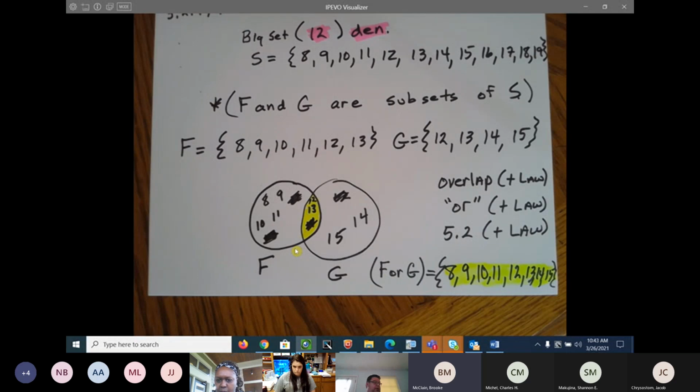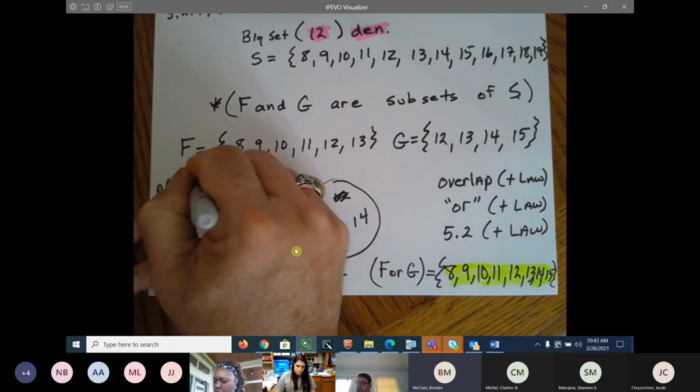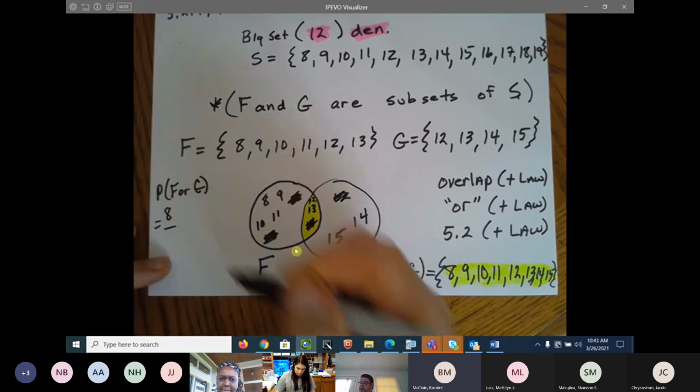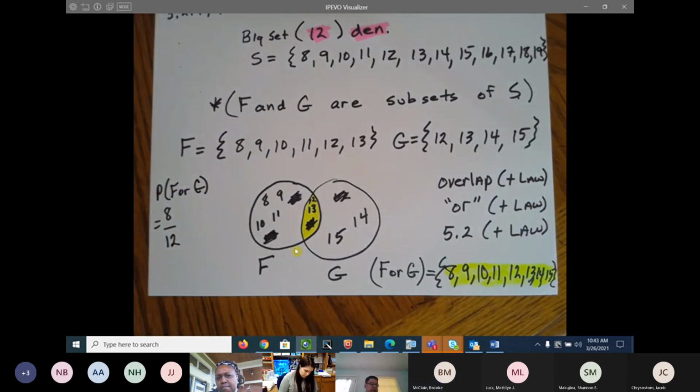So the probability of F or G is equal to 8 over what? 12. And reduce that down, please.